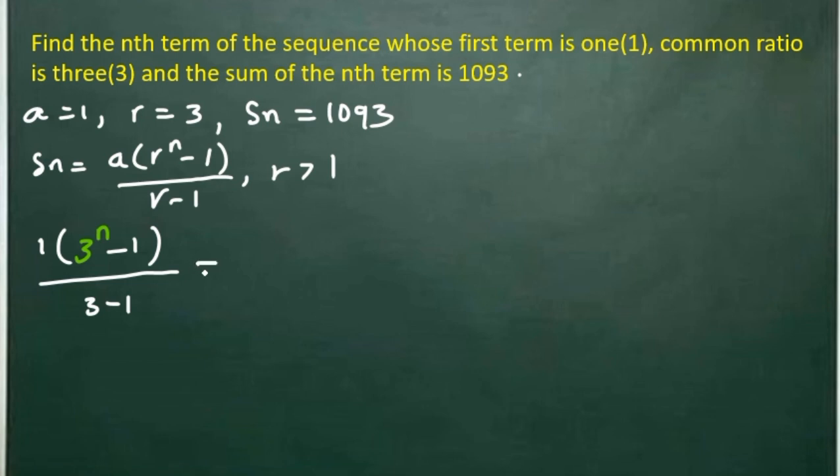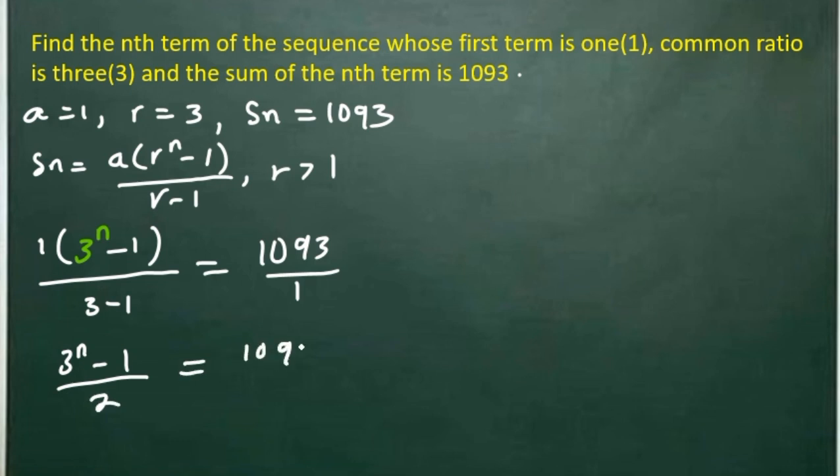It should equal 1093. Let's simplify this. 1 times any number is the same, so we have 3 to the exponent of n minus 1, all divided by 2, equals 1093.